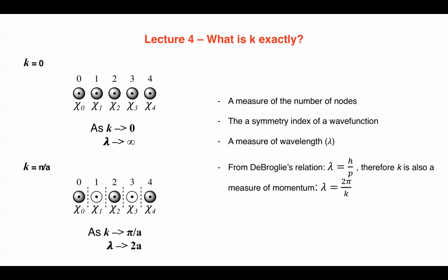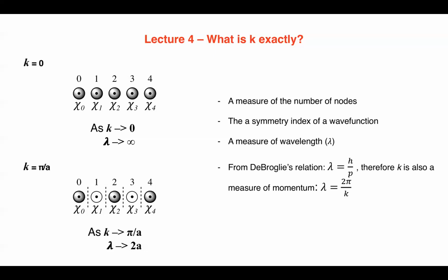And so this k is really a measure of momentum. You can think about the lambda and the k being related by 2 pi, right? And so the k and the momentum are proportional to each other. So k is a measure of how rapidly the wavelength oscillates.